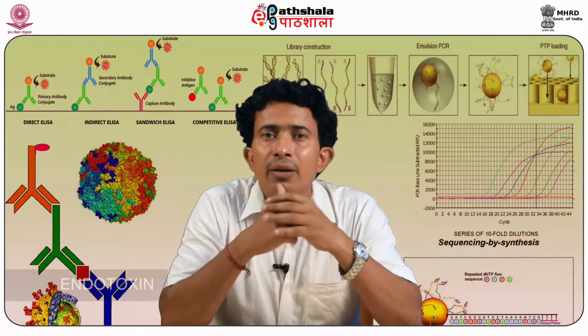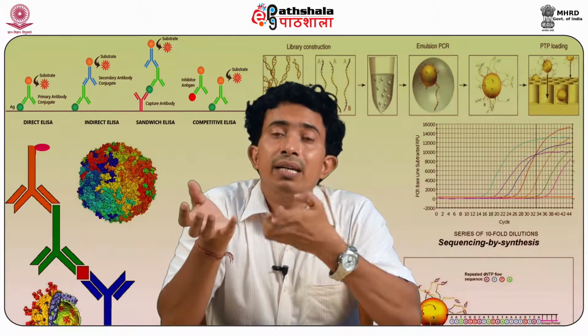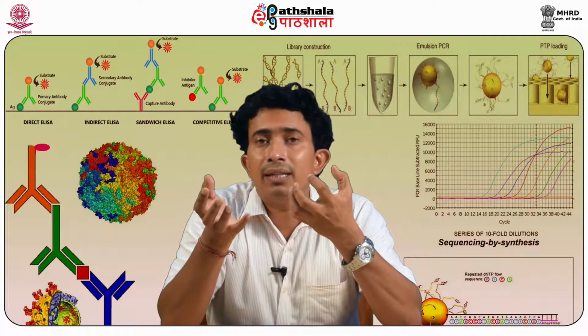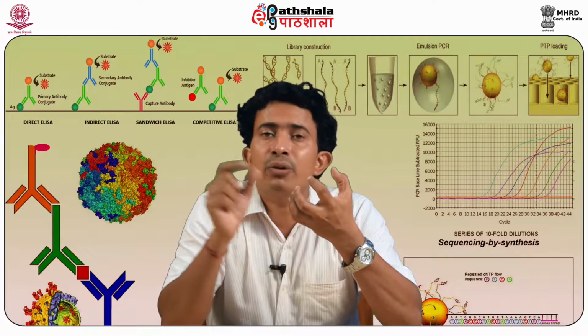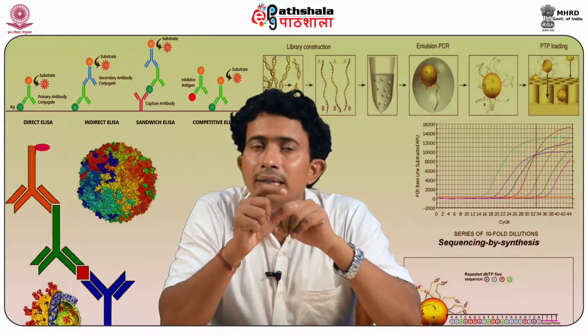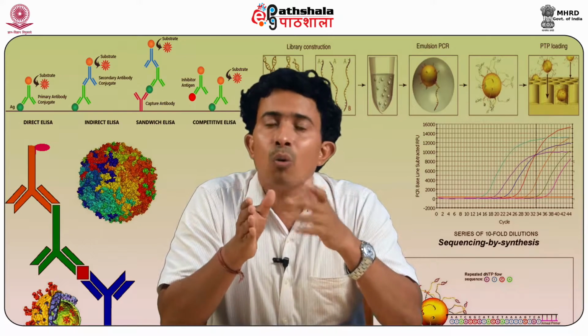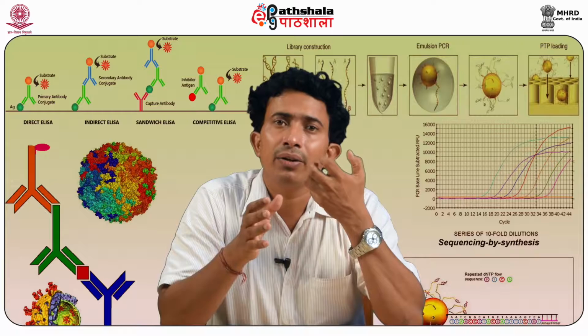Second type, that is endotoxin. Endotoxins, as the name indicates, are present inside the bacteria itself. Actually, endotoxins are components of the bacterial cell wall. So they are not released when the bacteria is alive, but only when the bacteria die.